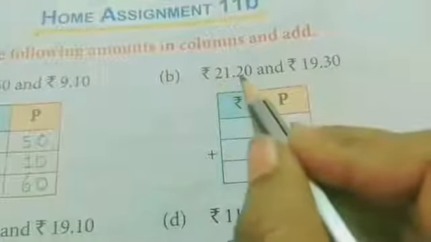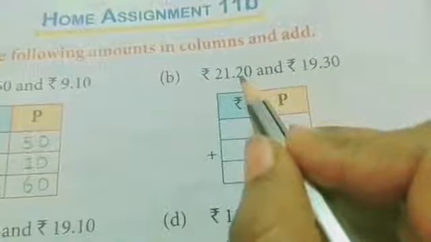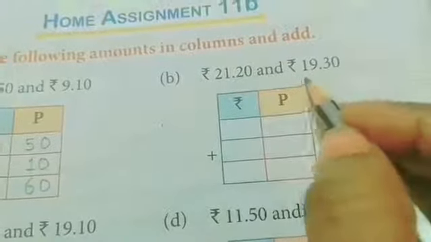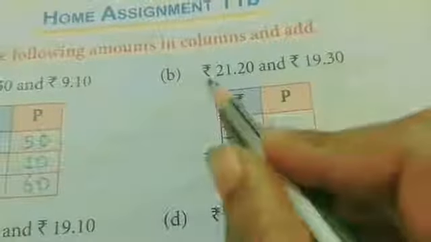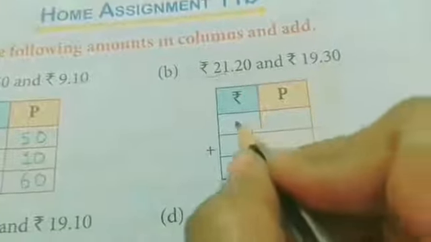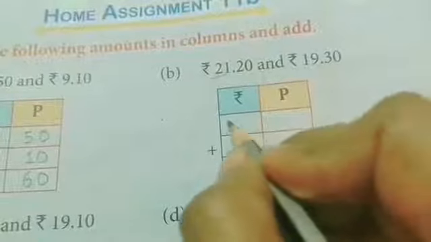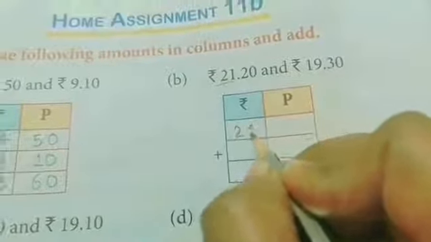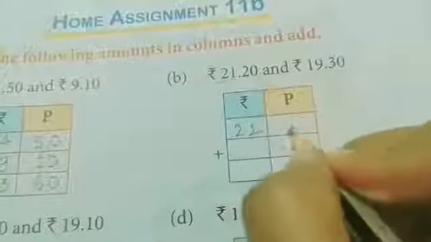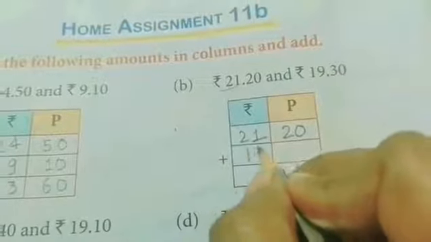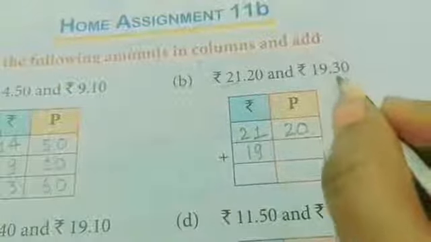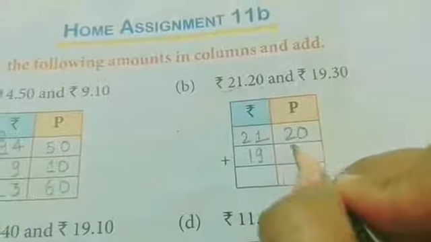Come to question number B. Rupees 21 and 20 paise, rupees 19 and 30 paise. So rupees 21, write it in rupees column. 20 paise, write in paise column. Rupees 19, write it in rupees column. 30 paise, write in paise column.